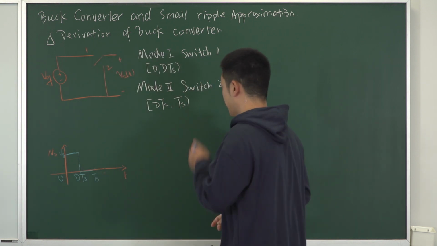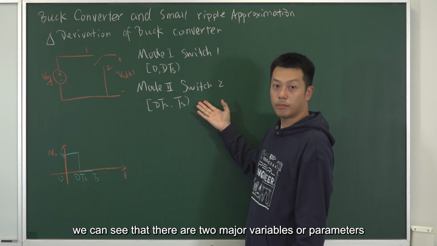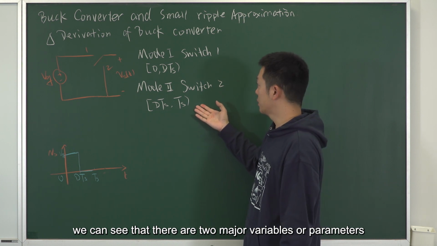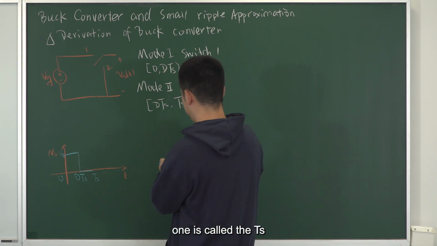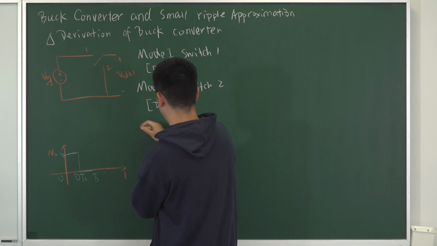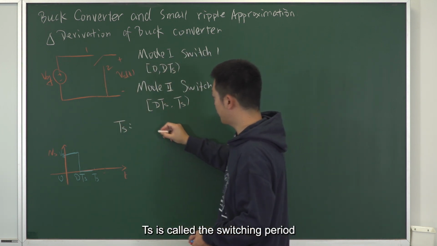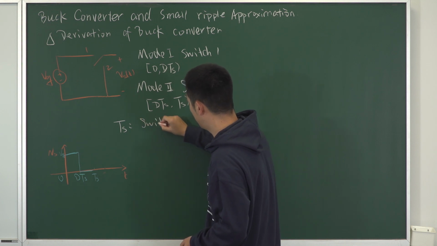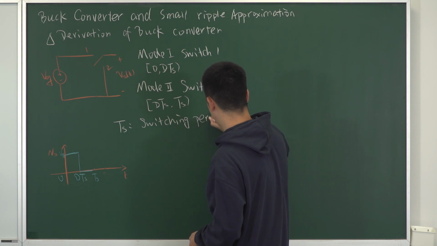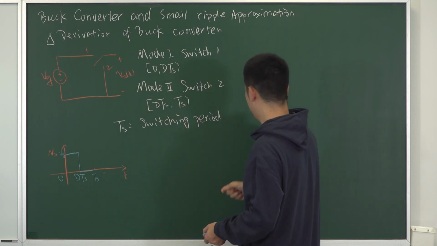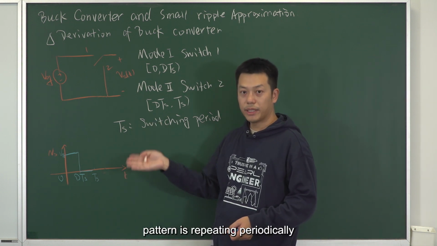So from this description, we can see that there are two major parameters. One is called Ts. Ts is called the switching period. Switching period means that this pattern is repeating periodically.